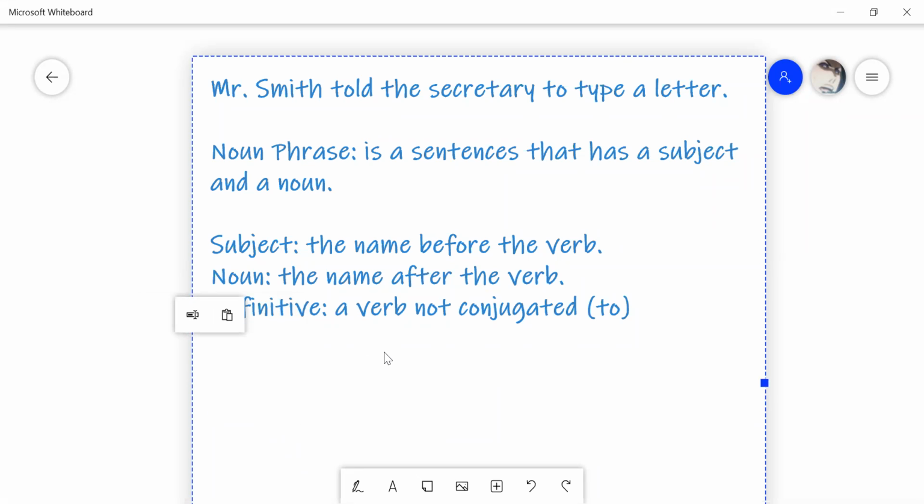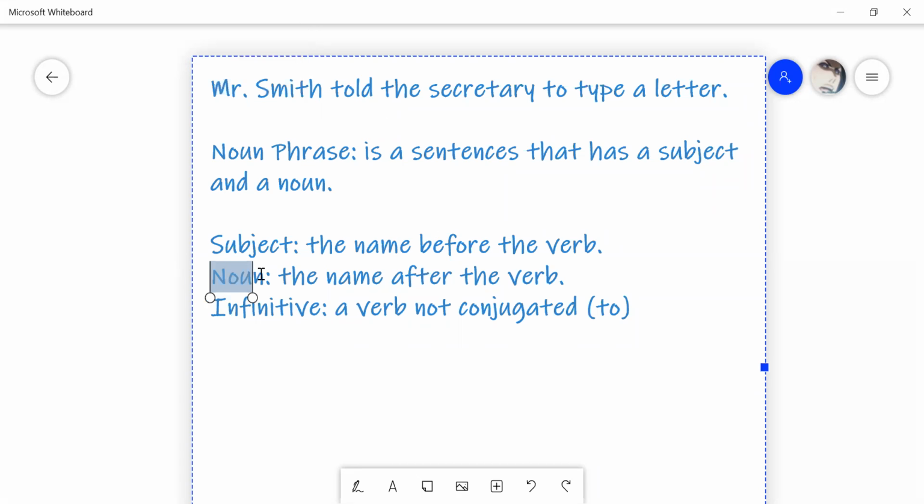Now that we know this, we know the three parts, okay? We know that a noun phrase is a sentence that has a subject and has a noun, and at the same time, there is an infinitive. Let's see, Mr. Smith is the subject, and the subject is before the verb, you see?